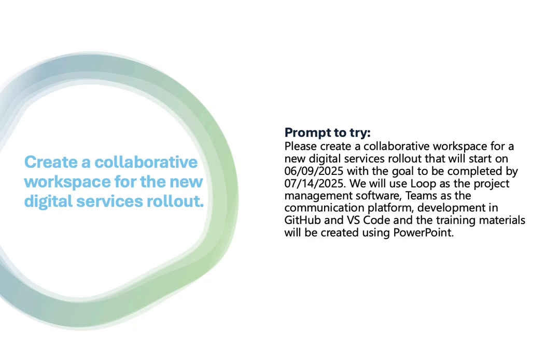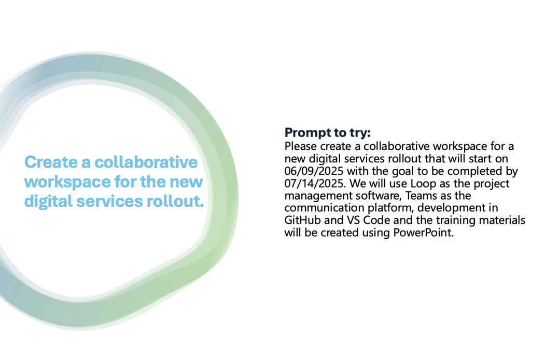Microsoft Loop is a modern collaborative platform that brings together content, people, and tasks across Microsoft 365 into a flexible, dynamic workspace that's designed to support co-creation in the flow of work. Loop helps teams stay aligned and move work forward, whether you're planning a project, running a meeting, or brainstorming ideas.